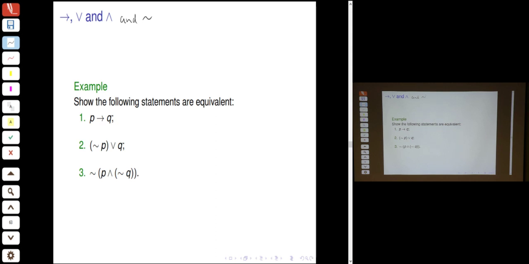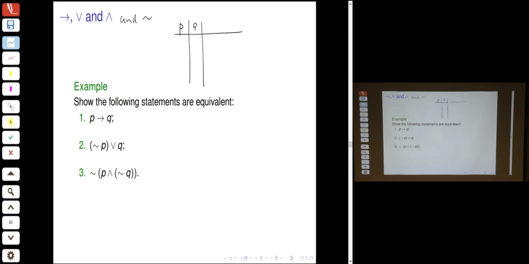The claim was P arrow Q is the same as not P or Q. And it's the same as this: it's not the case that P and not Q. Should we practice? Okay, so let's draw a truth table together.